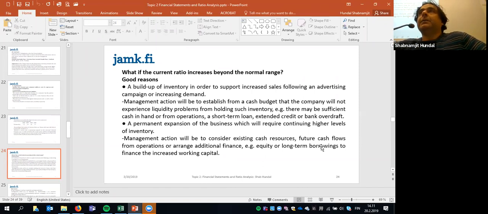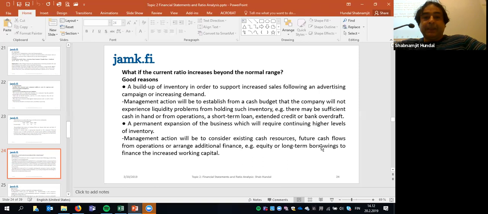The one good argument is that if you have a lot of inventory and you are making lots of advertisements, hopefully your sales will pick up. Your customers will demand more. If they demand more and you don't have inventory, this can be a very dismal situation. The customers are ready to buy from you, but you don't have raw material to process it. So this is a good reason.